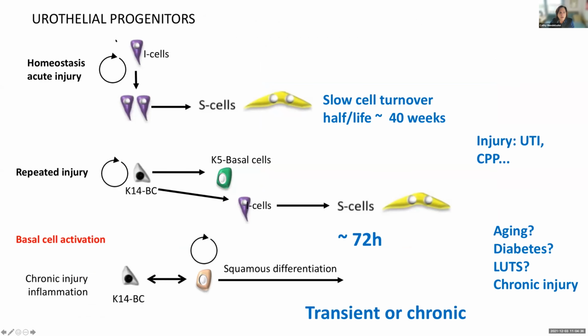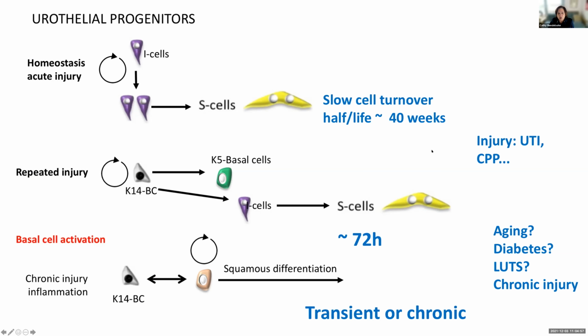So quickly, how do we deal with injury and homeostasis? What are the progenitors? During homeostasis, intermediate cells can undergo failed cytokinesis. They can produce binucleated superficial cells. These have a very long half-life, can be 40 weeks, according to literature.